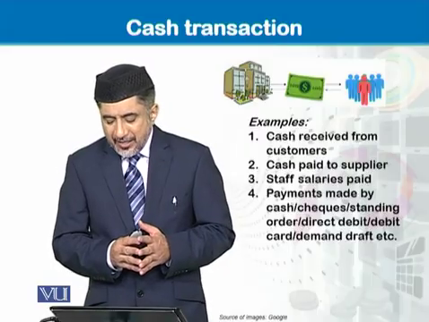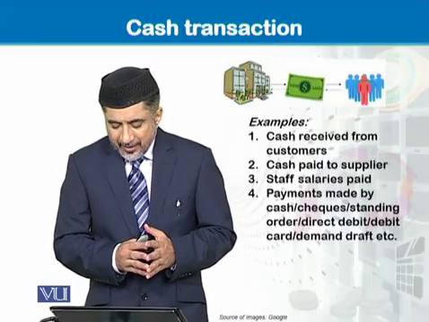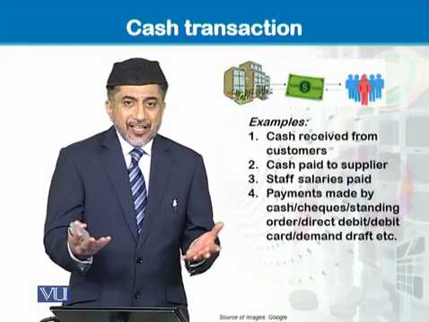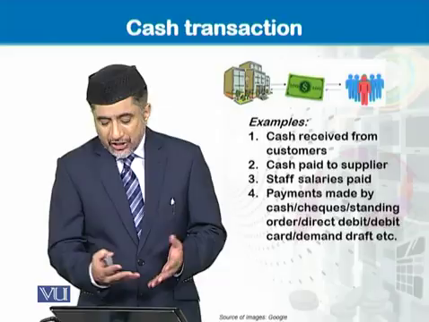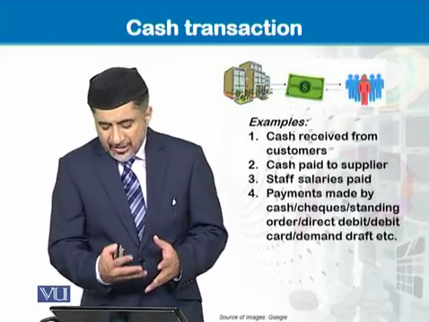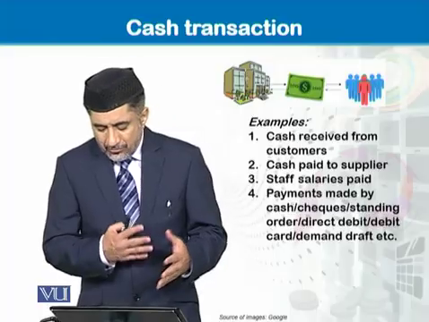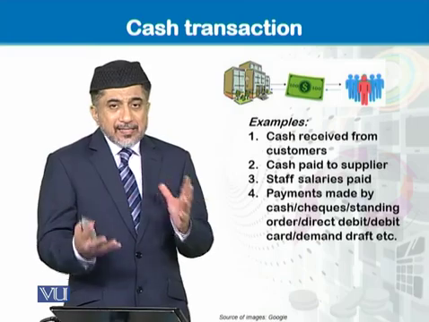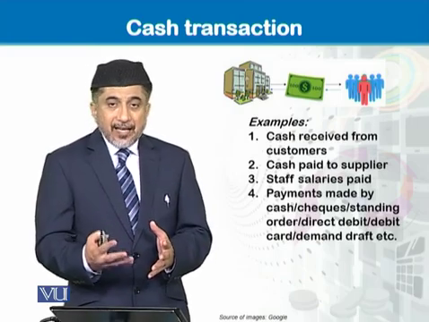An entity is making payment for any reason through check, through cash, or standing order, or direct debit, or debit card, or demand drafts. So all these are the cash transactions.